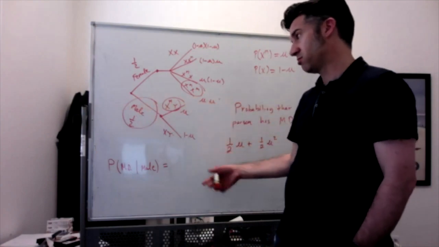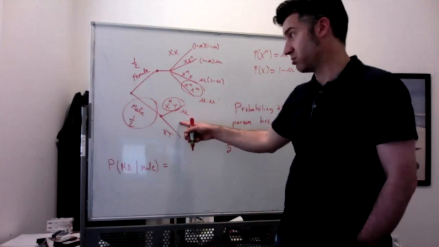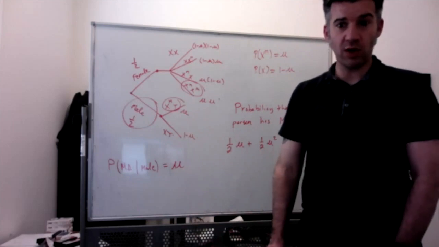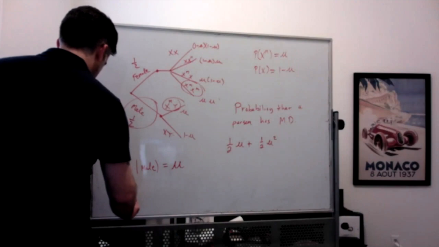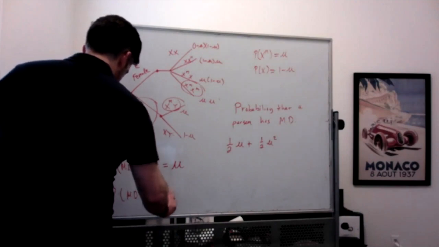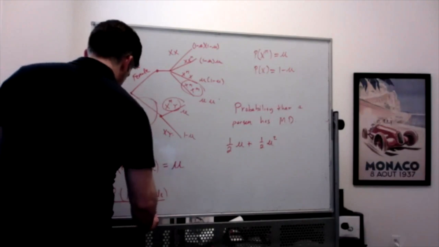Well, it's going to be mu, right? Or you could do it the long way. You could say it's the probability of having muscular dystrophy and being male, divided by the probability of being male.